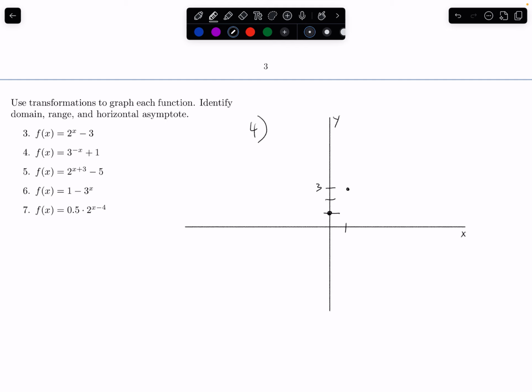So you notice you go 1 to the right and 2 up, yeah? And then 3 squared would be 9. Actually, I'm not going to include that point, to make it as simple as possible. 3 to the -1 would be 1/3. So about here somewhere. This would be the original function, f of x equal to 3 to the x, original exponential function.